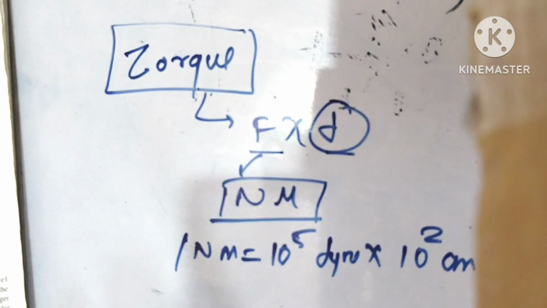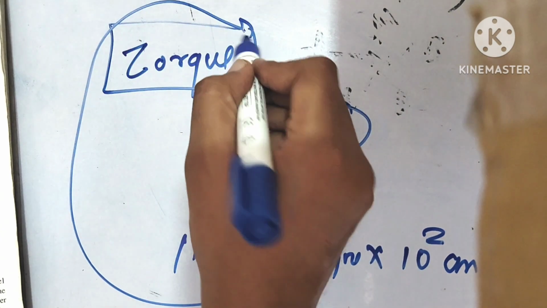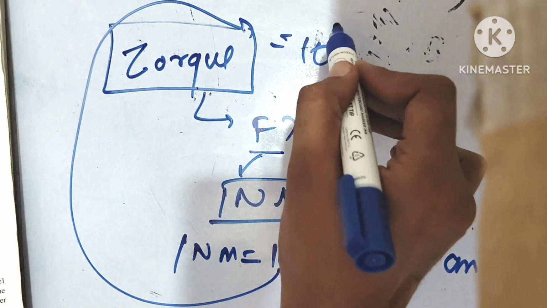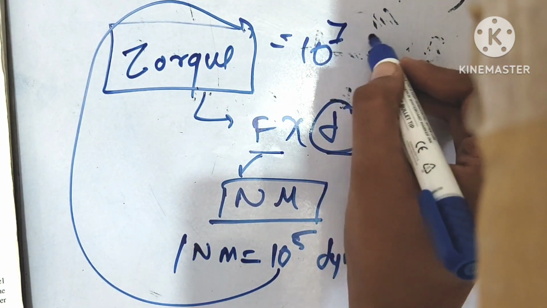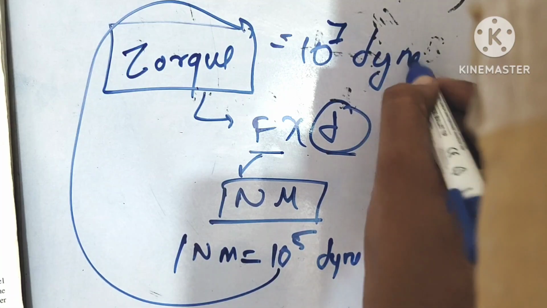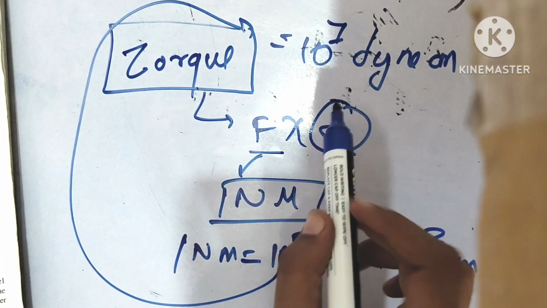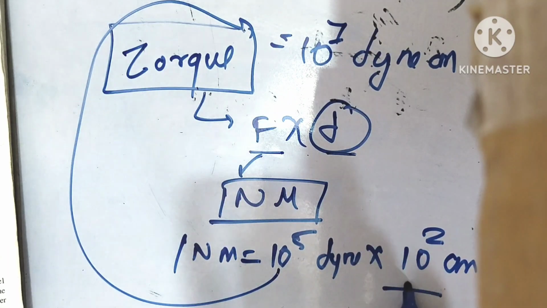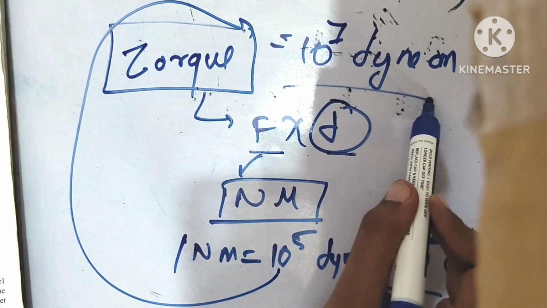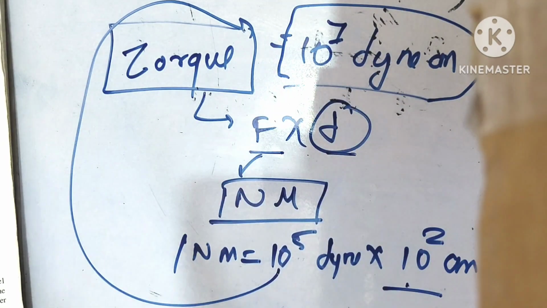And this quantity is equal to 10 to the power 7 dyne centimeter, adding 5 plus 2, that is 10 to the power 7 dyne centimeter. So it is a major unit which is continuously asked in your previous examinations of class 10 ICSE. Okay.